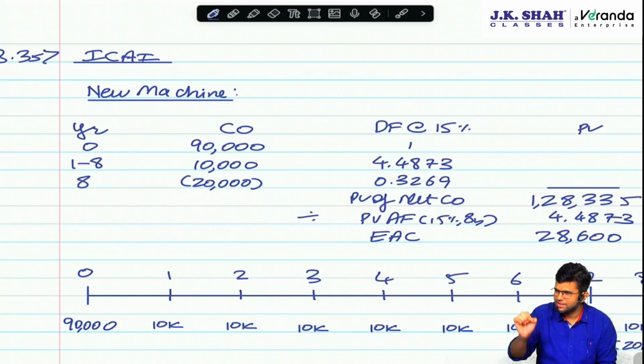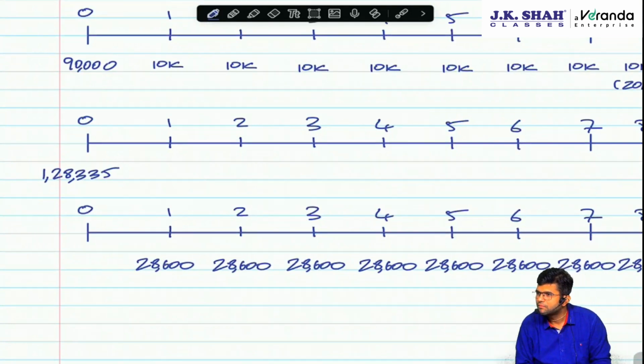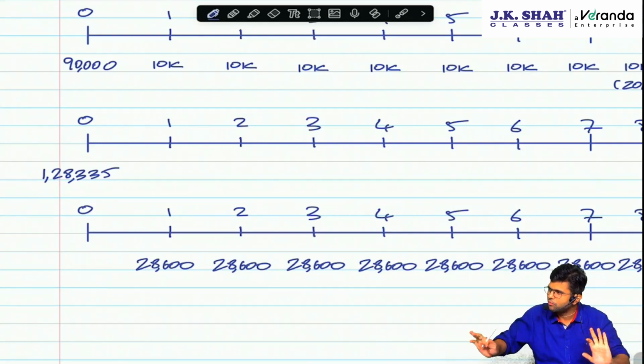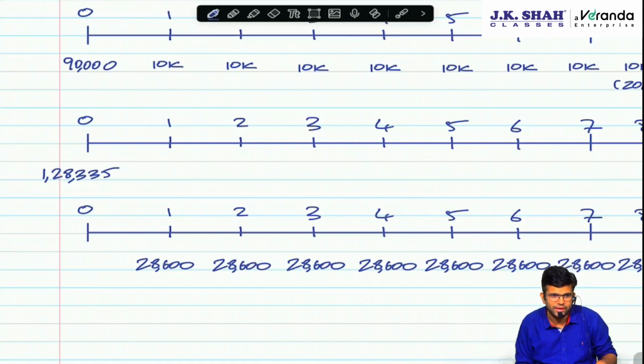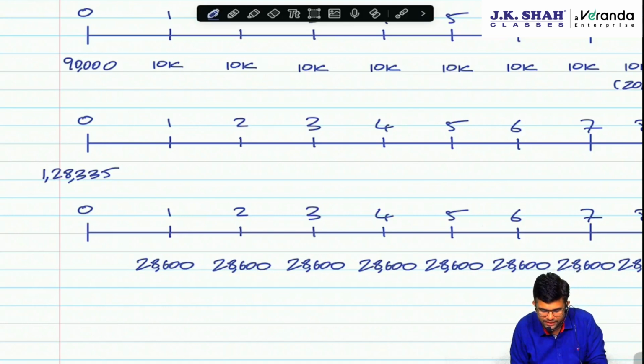Buying the new machine today and holding it for 8 years is equivalent to payment of 128,335 today, considering the 8-year period, is equivalent to paying 28,600 per annum. Everybody understood my language? Is equivalent to an annualized cost of 28,600 at the end of every year. 1, 2, 3, 4, 5, 6, 7, 8.